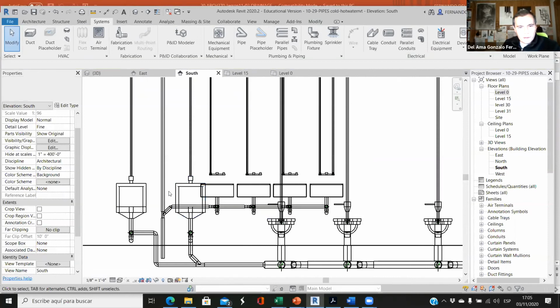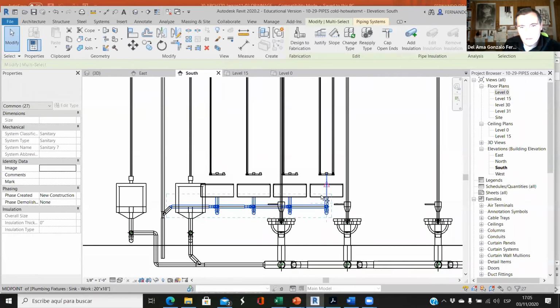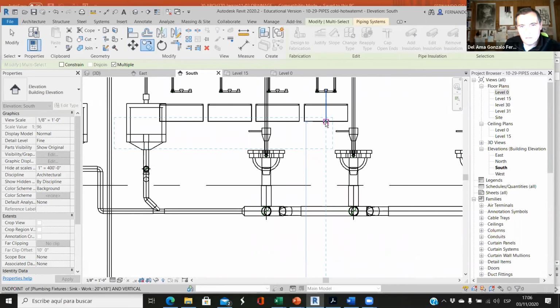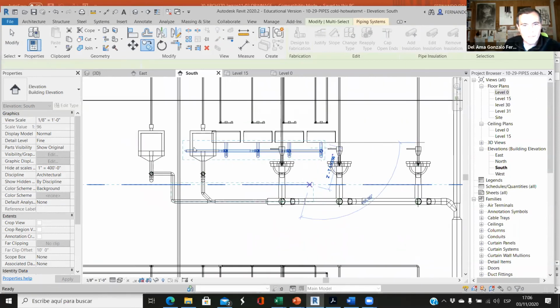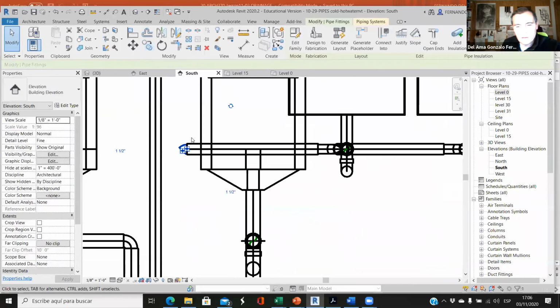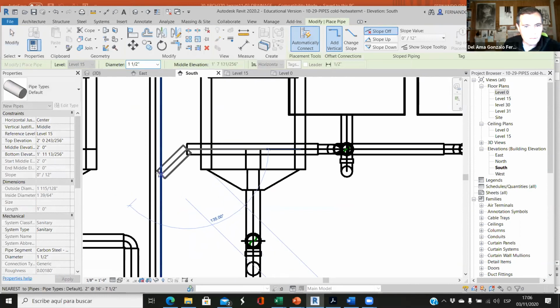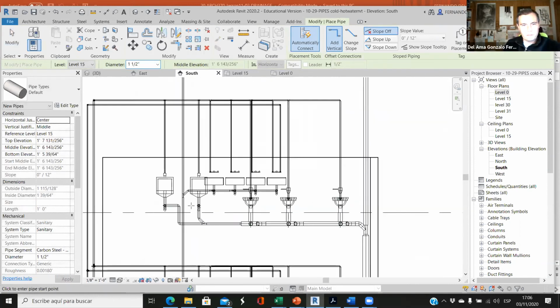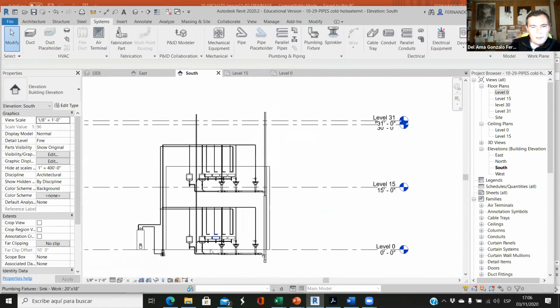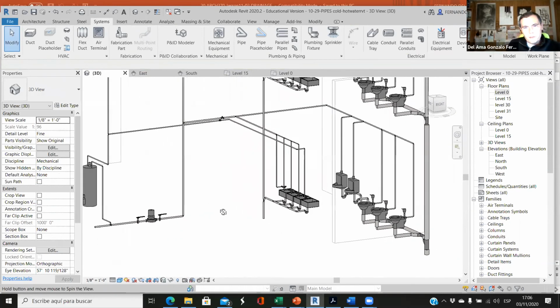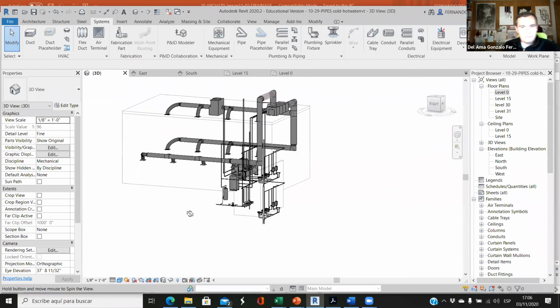And now we can copy all this here. And finally connect this. Okay, so we are done with it.